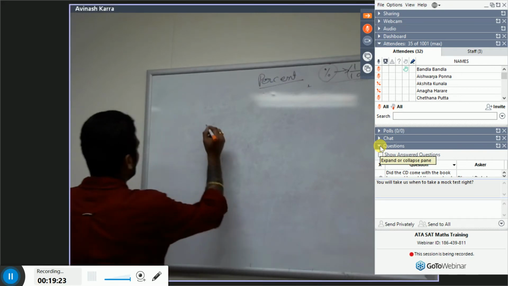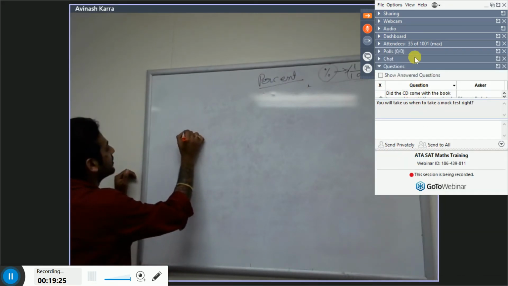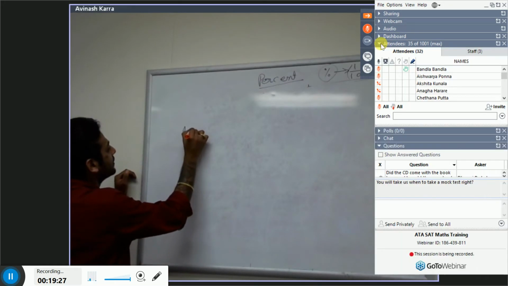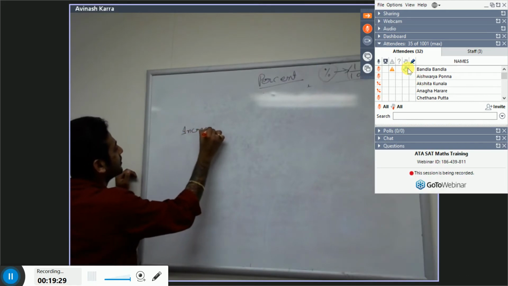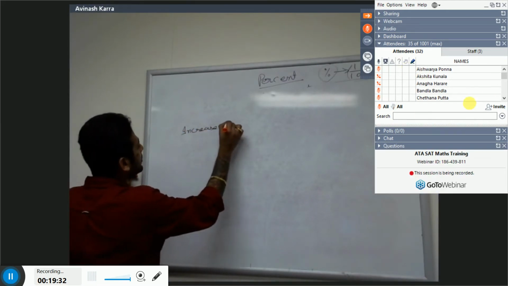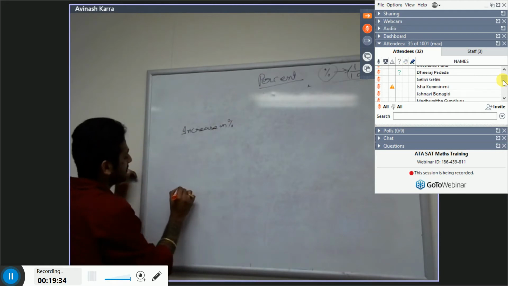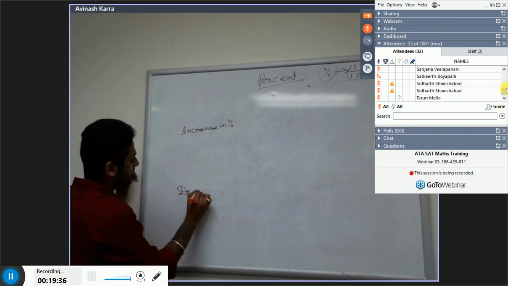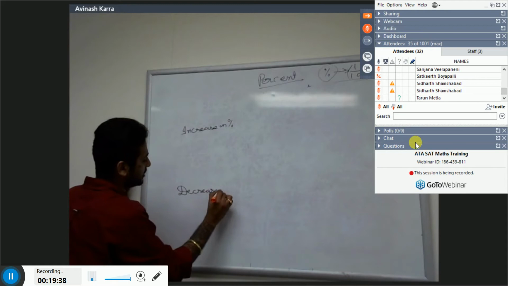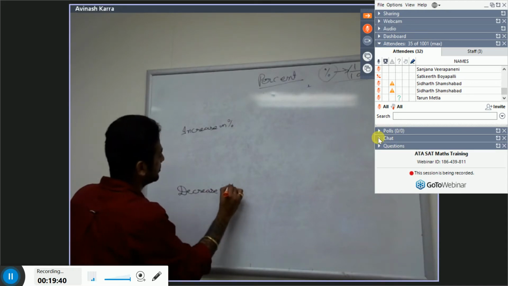One is increase in percentage. Second one is decrease in percentage.